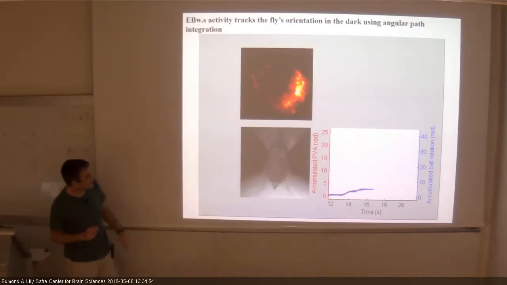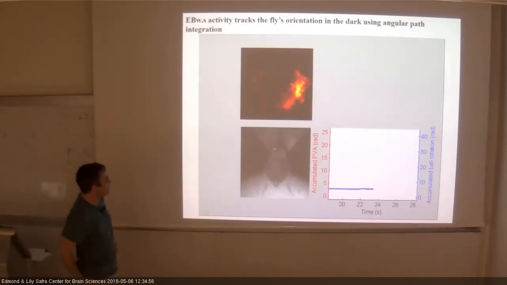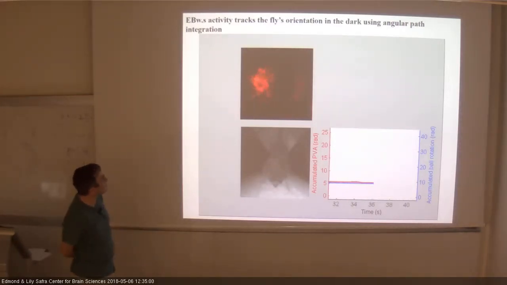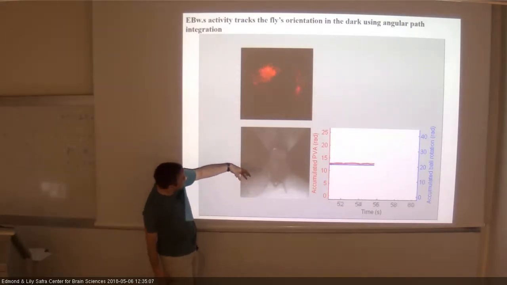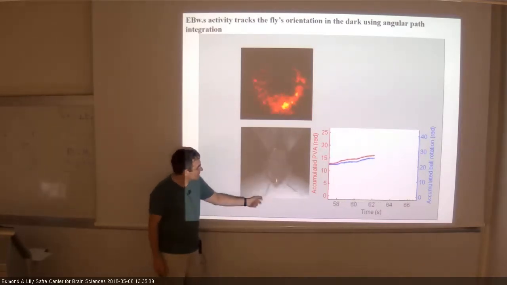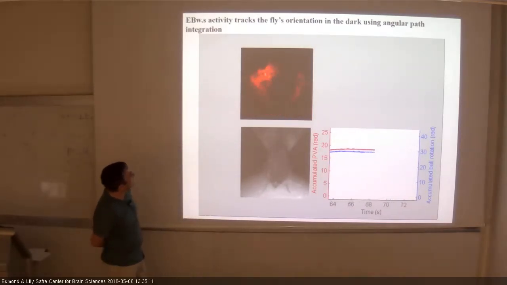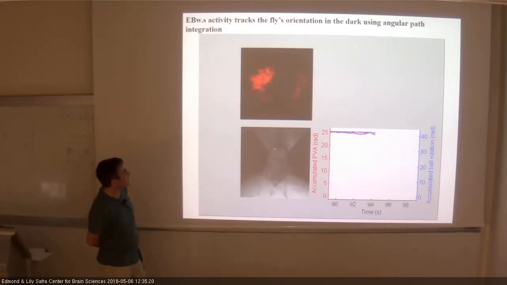So this is how it looks. There's no visual input here, no input at all. And the fly is moving, and as if it is rotated, we can measure it by the rotation of this ball. And the location of this bump of activity corresponds to the predicted angle of the fly. No sensory input.